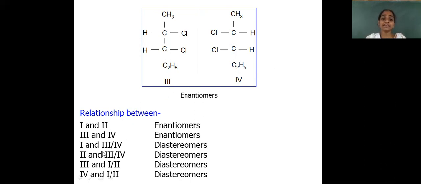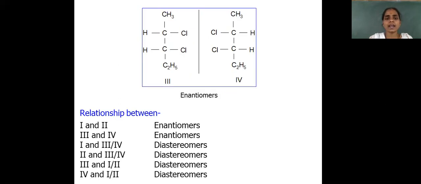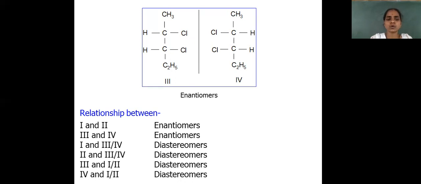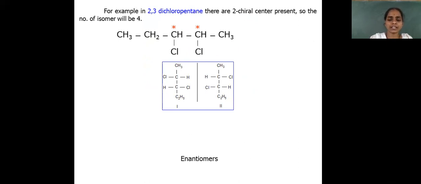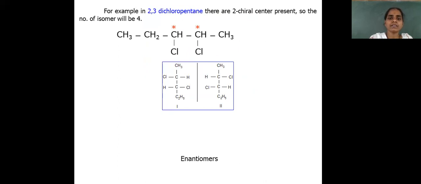If we compare the first and third structures, in the first structure the second chlorine is on the left side and the third chlorine is on the right side, while in the other the chlorines are on the same side, which shows non-mirror images. In the same way, compare the second and third structures, and the fourth and second structures. The chlorines are on the same side in one, and in the other one chlorine is on the other side.